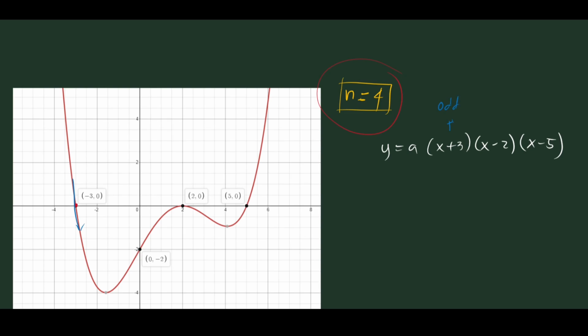Okay, so how about at positive 2? It just touches that particular zero. So the multiplicity of this should be even. And then for 5, it crosses again. So this should be odd, right? So given that our n is 4, and we have odd, even, and odd, how do you determine it?